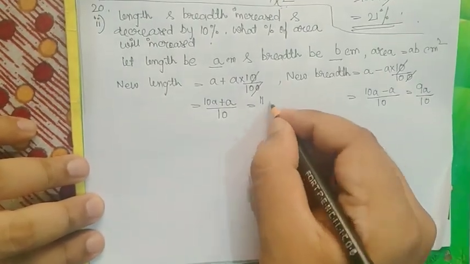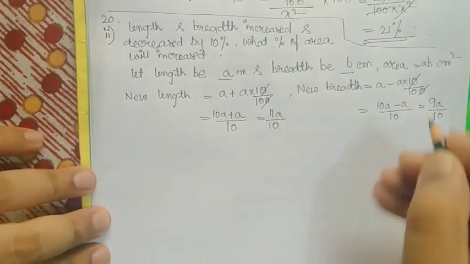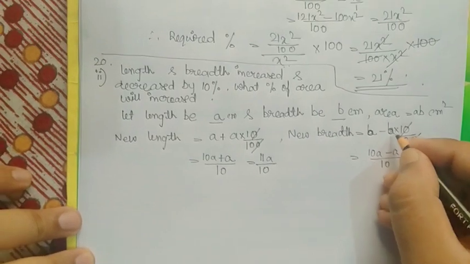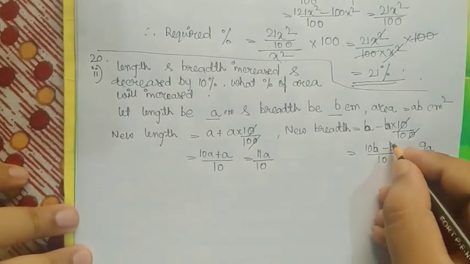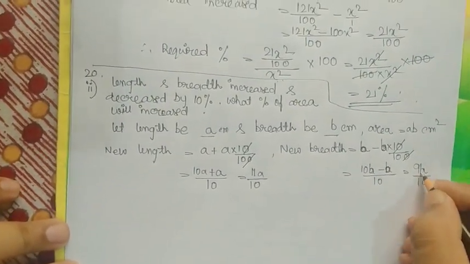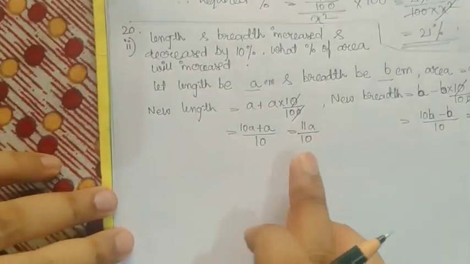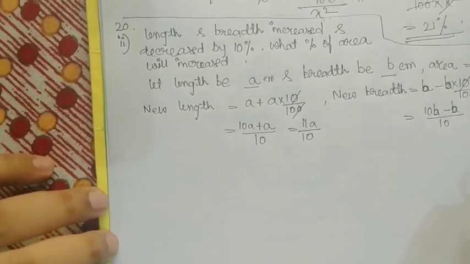This should be 11a by 10. Sorry, it should be b. The breadth is b. So the new length is 11a by 10 and new breadth is 9b by 10.